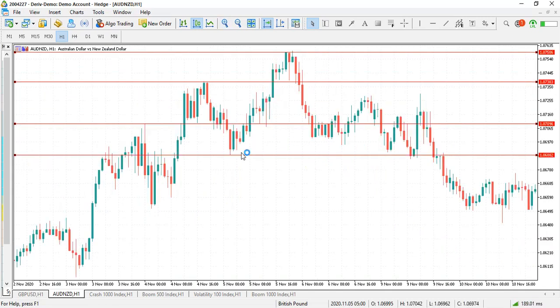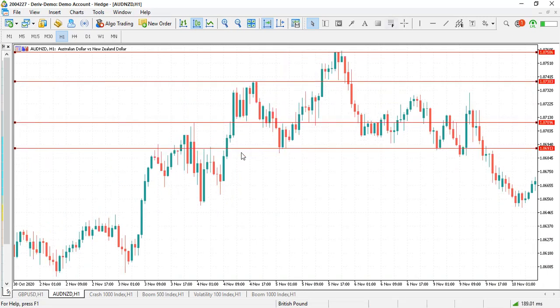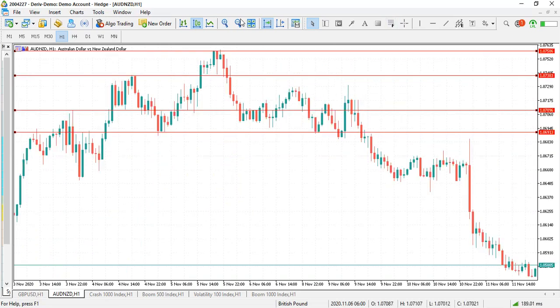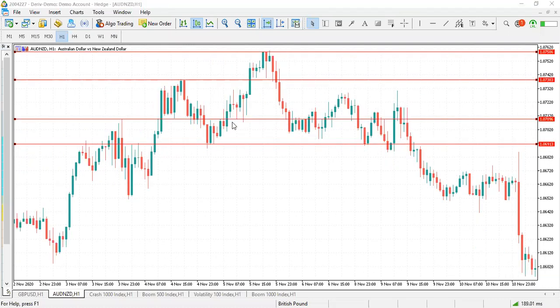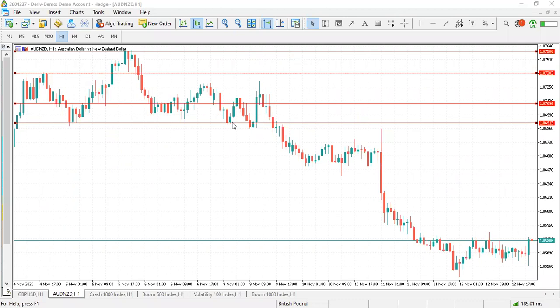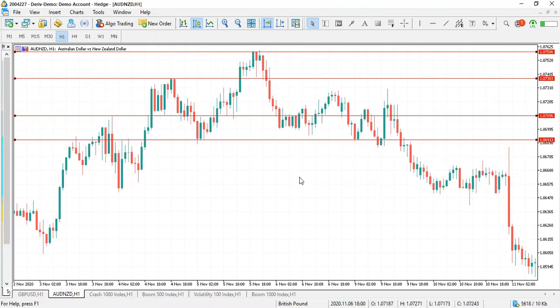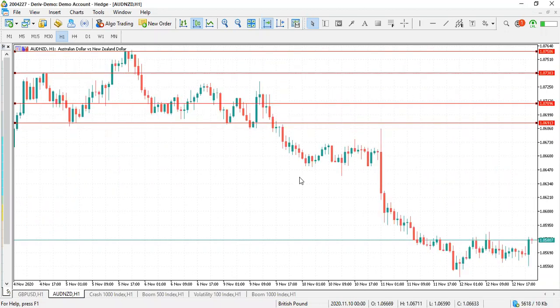Now remember what we talked about, our second entry. All right, we might be thinking price has left me, we're no longer in the trade, price has gone far, let's start chasing the trade. No, no, no, no. That's going to be a bad idea.